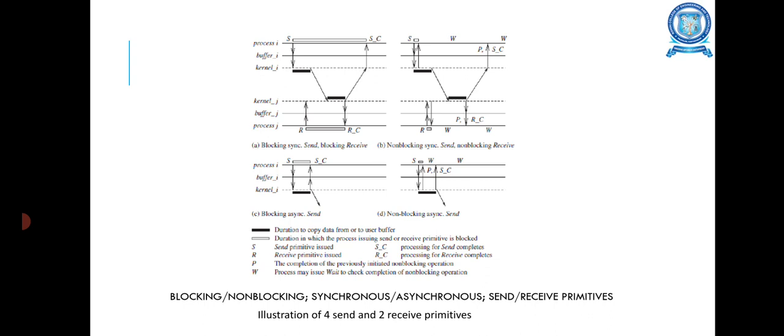SC means the processing for send completes. Likewise RC means processing of receive completes. Then P represents the completion of the previously initiated non-blocking operations. W means a process may issue wait to check completion of the non-blocking operation.